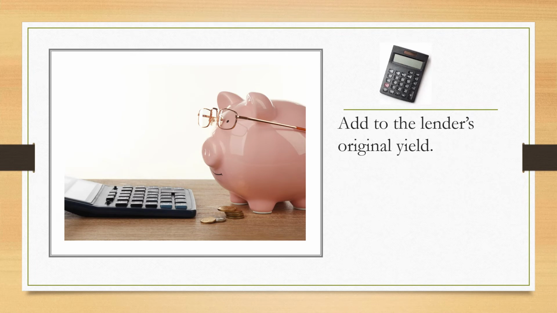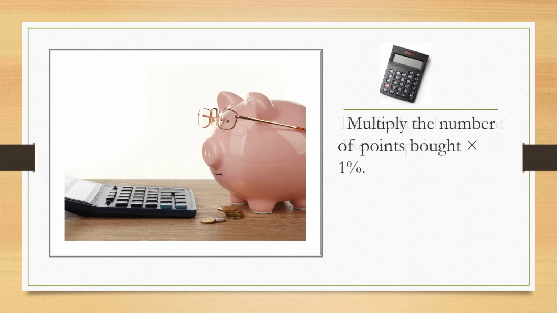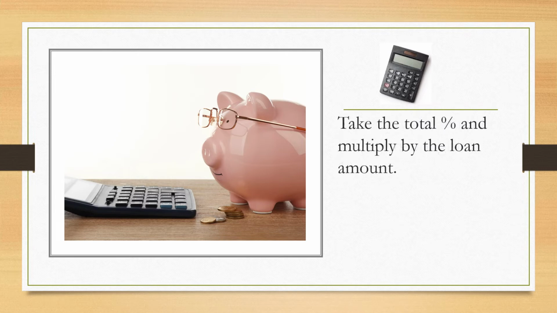Add this to the lender's original yield. To calculate the cost of discount points, use this formula. Multiply the number of points bought by 1%. Take the total percent and multiply by the loan amount.